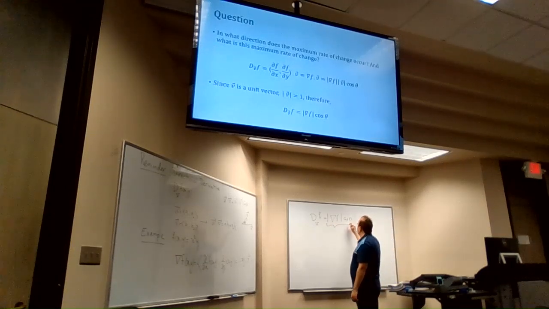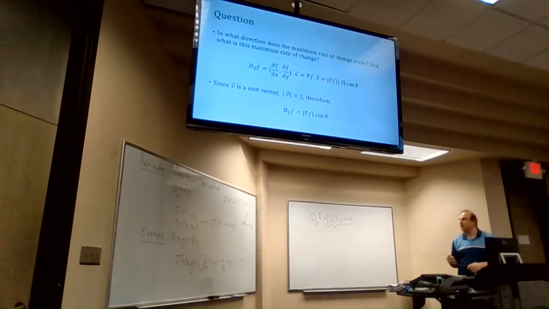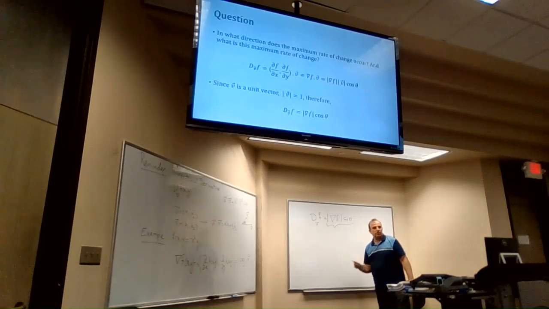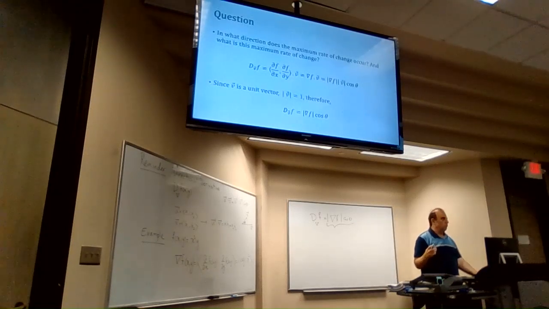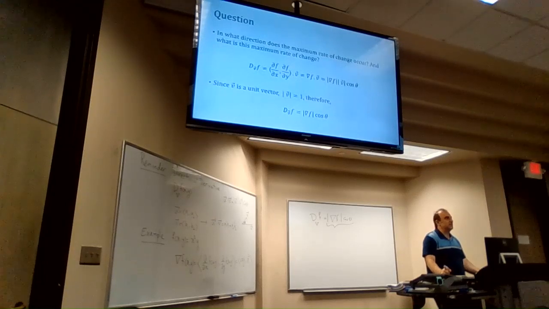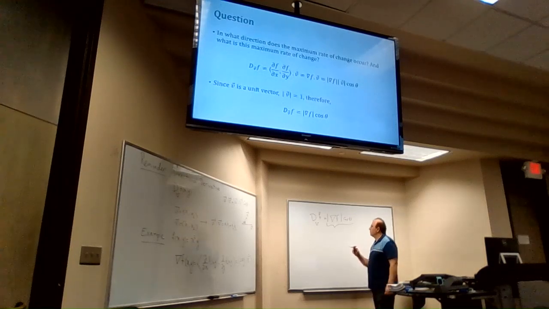So the maximum in terms of theta, where does the maximum of this product happen? What is the maximum of cosine of theta? It is 1. And it occurs when theta is 0. For 90 degrees, cosine is going to be 0. So when theta is 0.